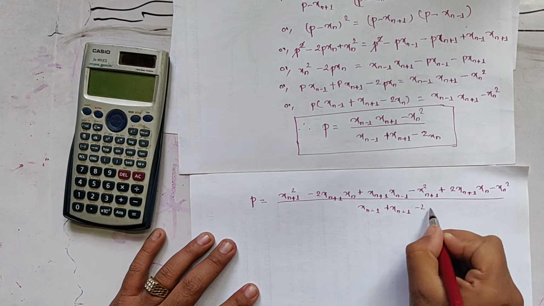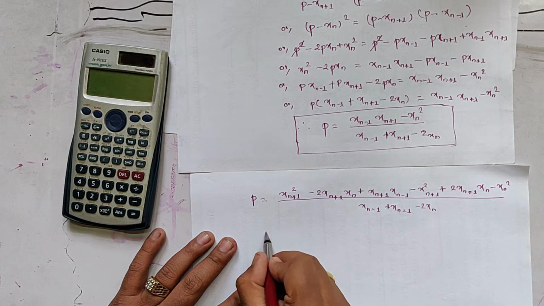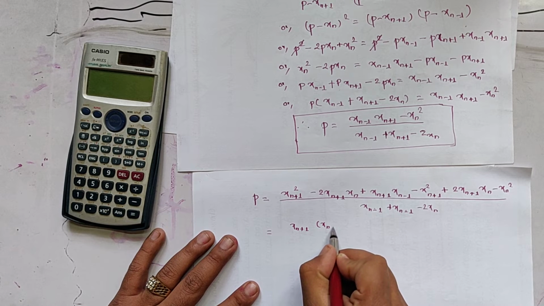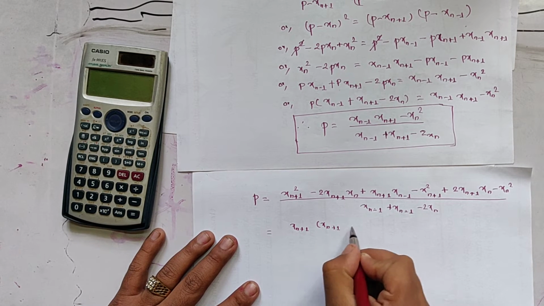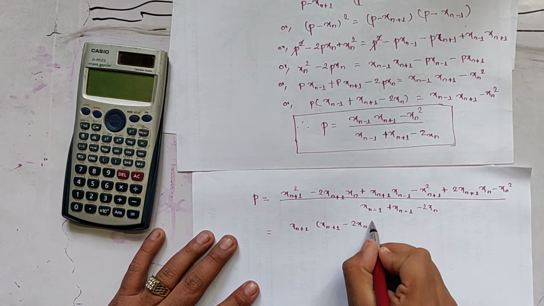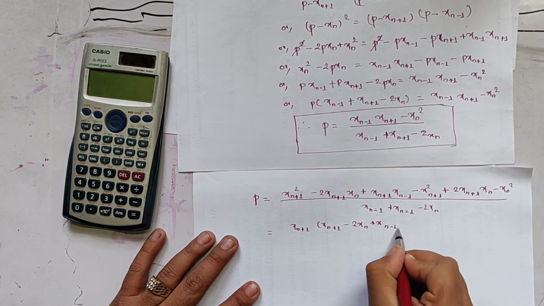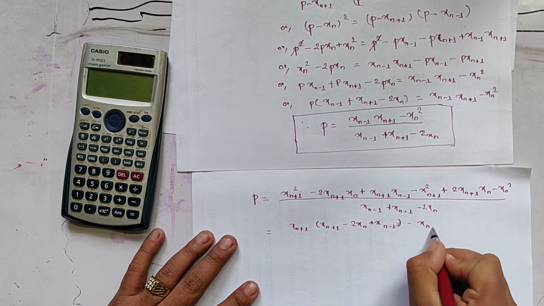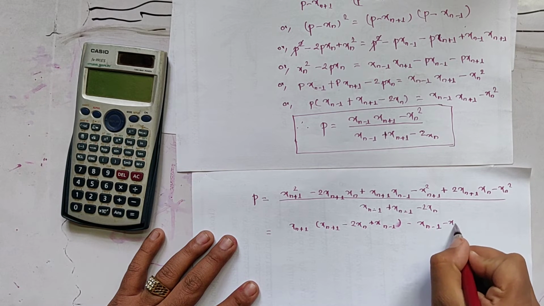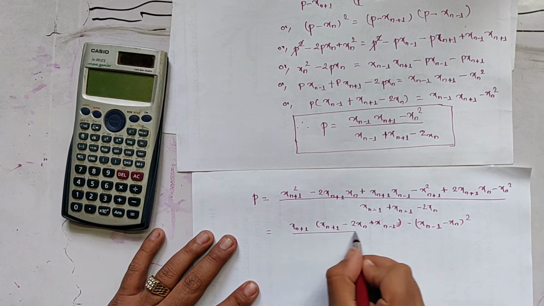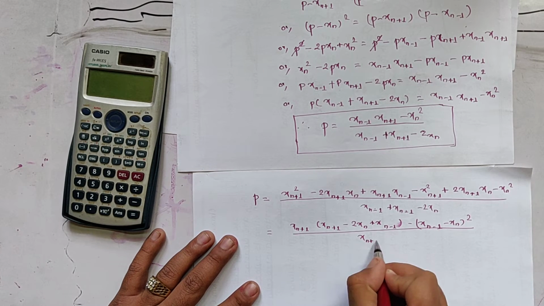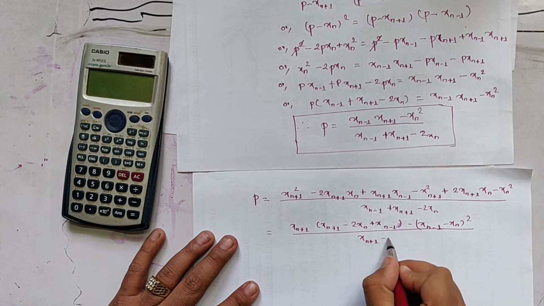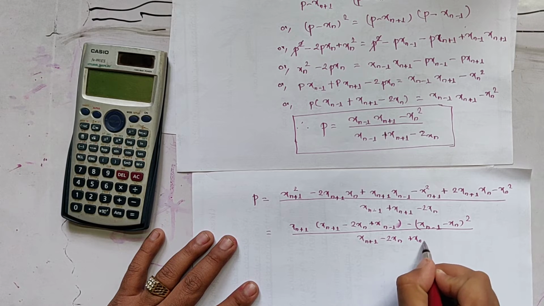Okay, and it can be written in the form x n plus 1 minus 2xn plus x n minus 1, yes, in this form, minus x n minus 1 minus xn whole square, okay, divided by x n plus 1 minus 2xn plus xn minus 1.